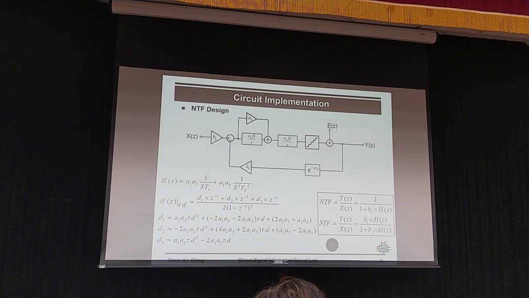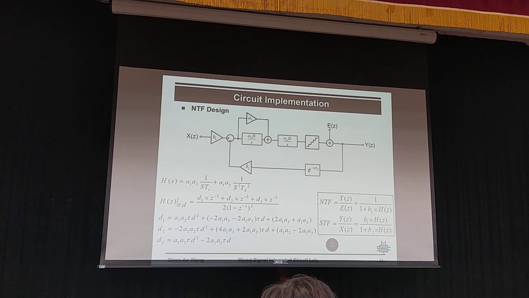To implement our proposed architecture, we first derive the continuous-time open-loop transfer function. Then, to accurately account for the impact of extra loop delay on stability during transistor-level implementation, we use the impulse invariant transformation.